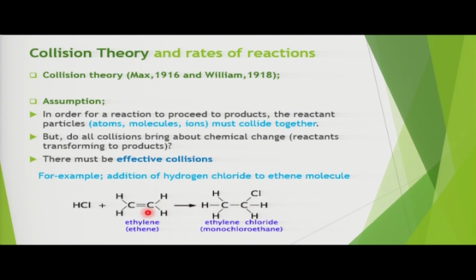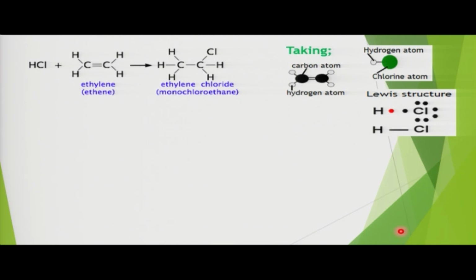This is an ethene molecule, indicating the reacting part is the double bond from your organic chemistry. So let's look at the possible collisions that would occur. If we take this to be hydrogen, this to be carbon, and this to be chlorine, with the hydrogen as you see highlighted, then this is the Lewis structure.